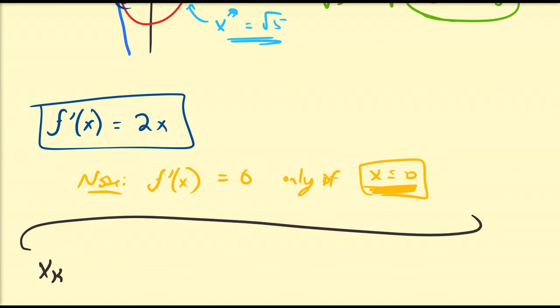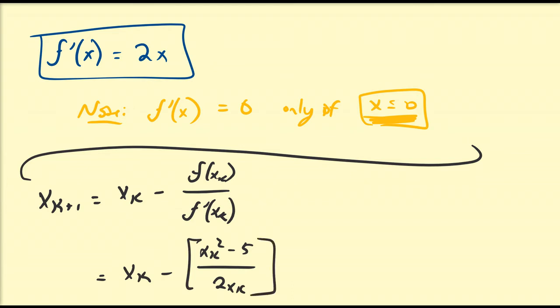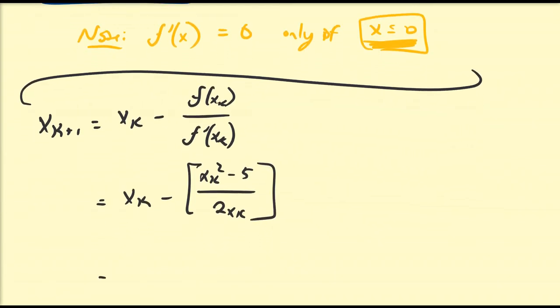Alright, so we know Newton-Raphson is x_{k+1} equals x_k minus f(x_k) over f prime(x_k). Let's see if we can get a nice compact method for our particular example. So this is going to be x_k minus (x_k squared minus 5) all over 2x_k. And then I'm going to decompose this fraction.